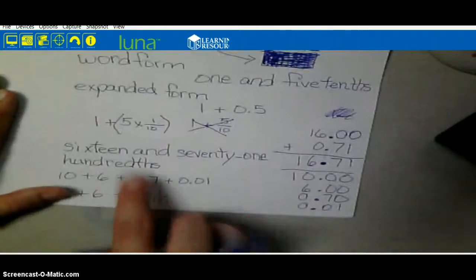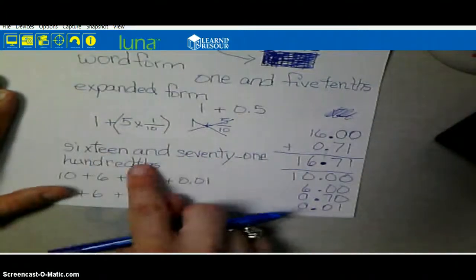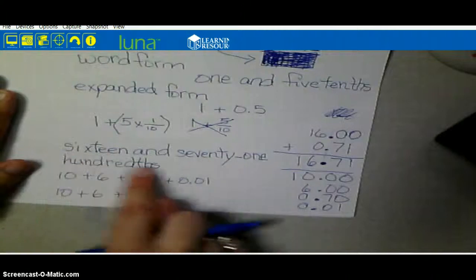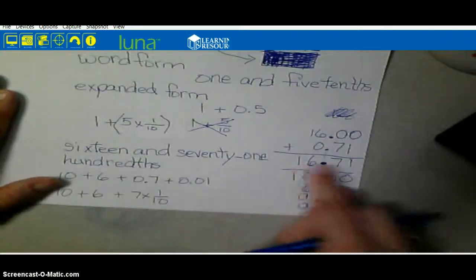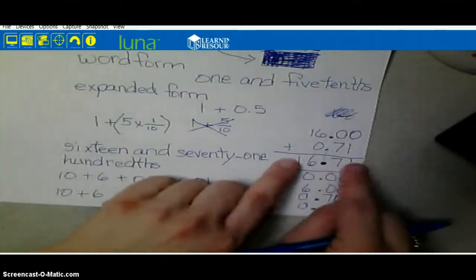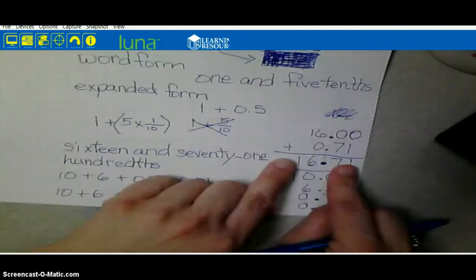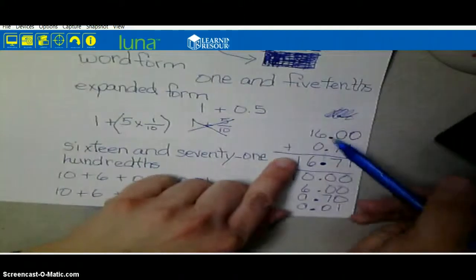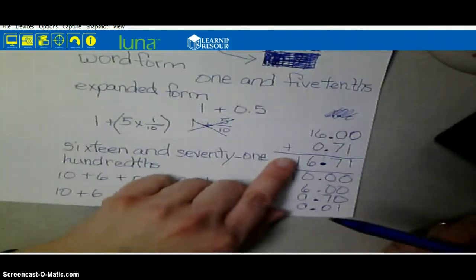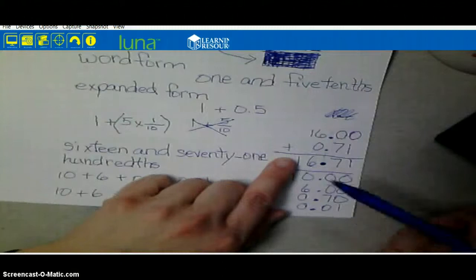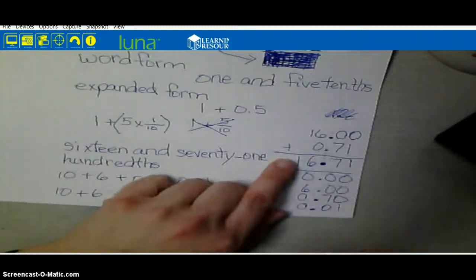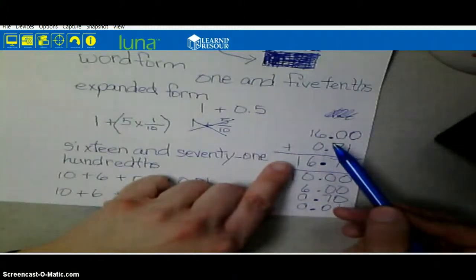What if I had the number 16 and 71 hundredths? Well, I wrote it in word form, but here it is in number form. And this is standard form. Well, I wanted to do that because I wanted to show you what you would do if you were adding or subtracting decimals. Well, we started with 16 whole, and so we had to make it into a decimal.